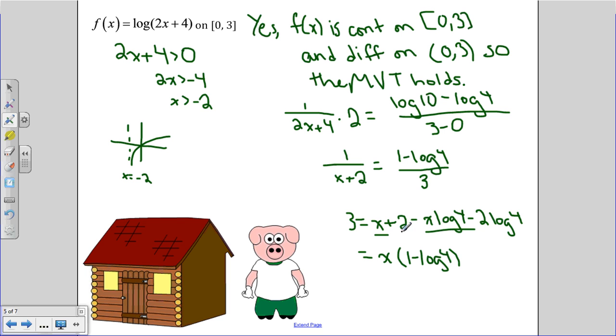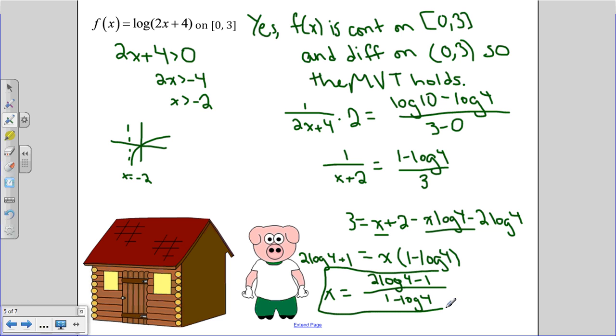I'm going to put these two on the right-hand side. 3 minus 2 is 1. And then add this to log 4 plus 1. And x equals 2 log of 4 minus 1 over 1 minus log of 4. And if you put that in your calculator, and it's between 0 and 3, then you're almost done.